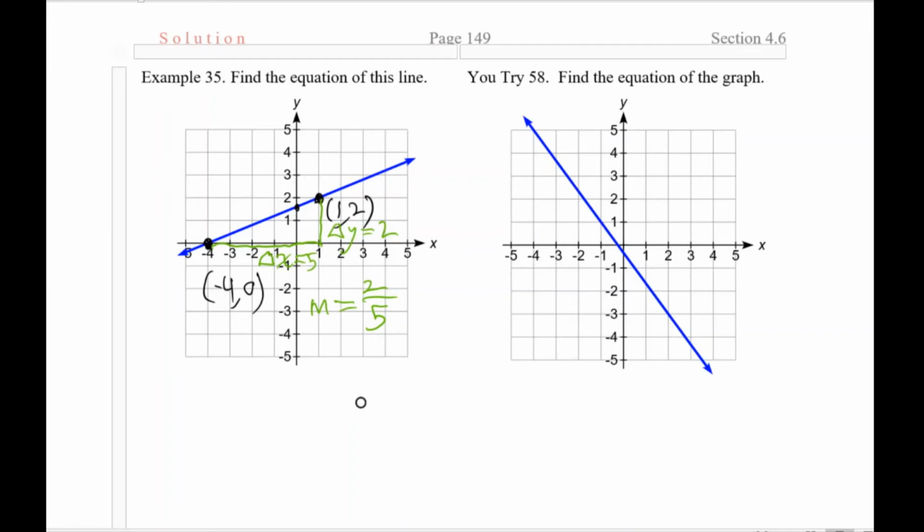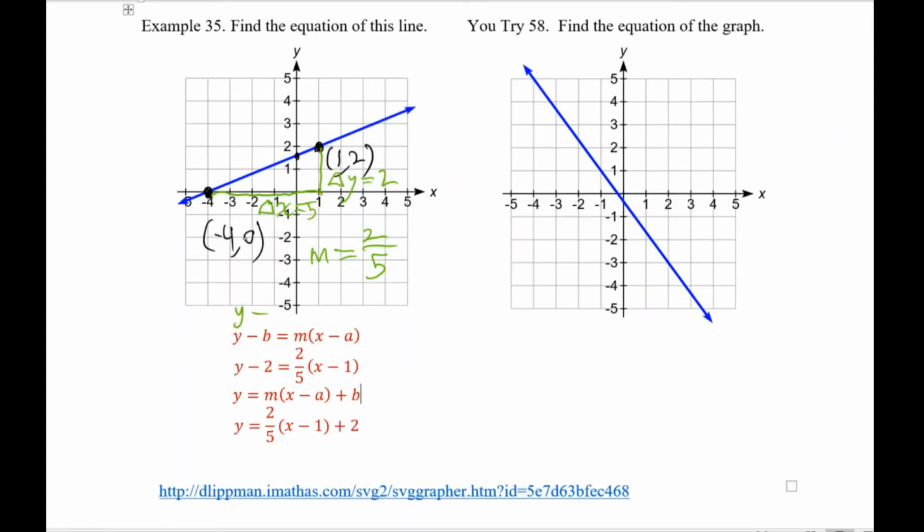Given this and my point, (1, 2), or perhaps this point, (-4, 0), we can use the point-slope form to find the equation. y minus b, which is 0, equals m, still 2/5, times x minus a, which was -4. Simplify, and what we result in is y equals 2/5 x plus 4.